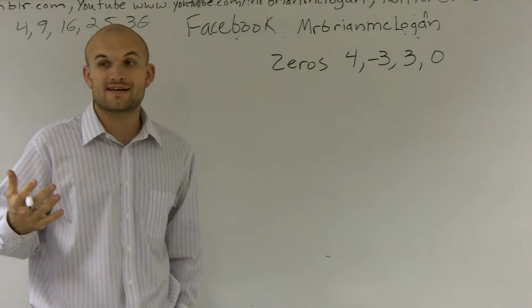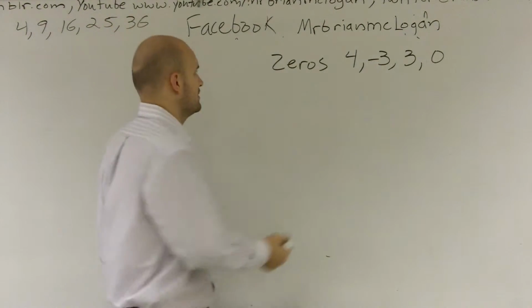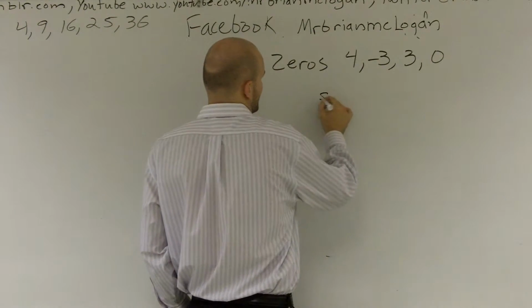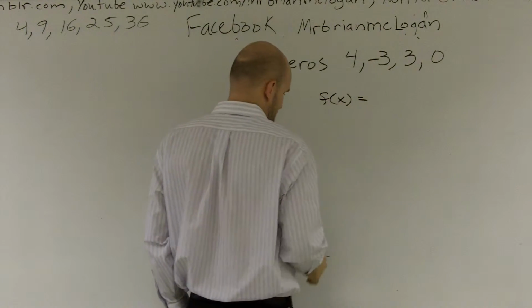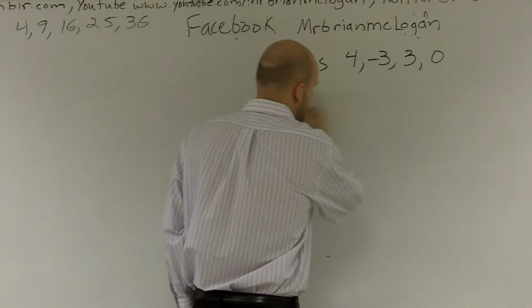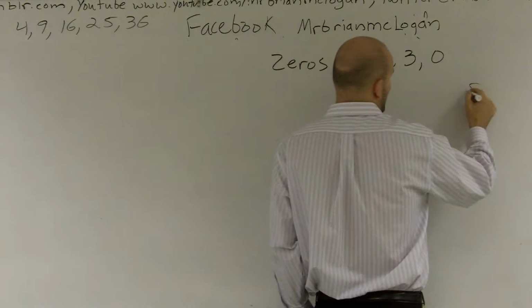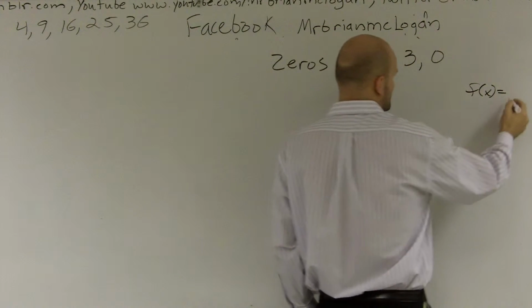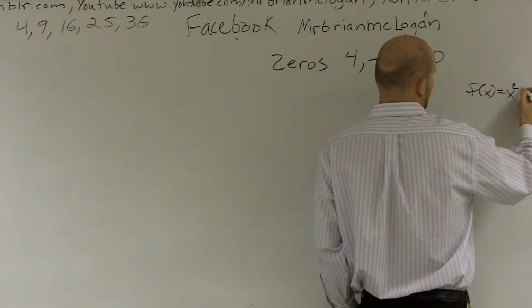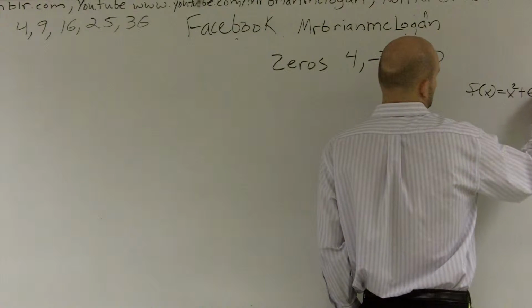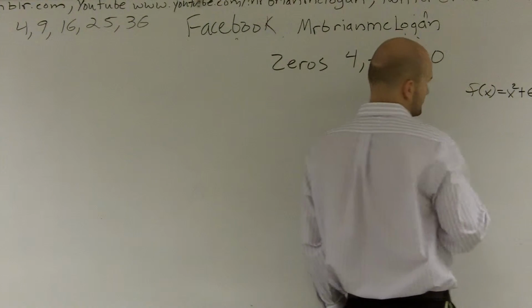First thing, if I said find the zeros, how does that happen? Let's say we have f of x equals x squared plus 6x plus 9.